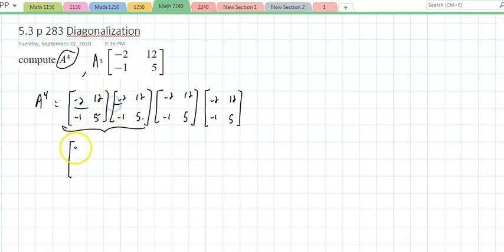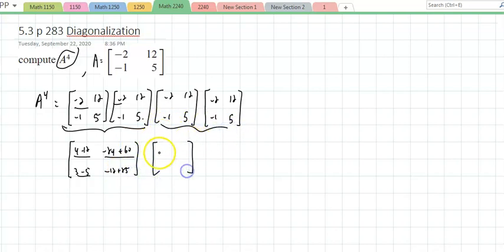That's going to be 4 minus 12, negative 24 plus 60, 3 minus 5, and negative 12 plus 25. This is going to be the same because it's the same matrix, right? That's going to be an 8, a negative, what is that, 60, 40, positive 38. That's going to be a negative 2, and that's going to be a 13, right?